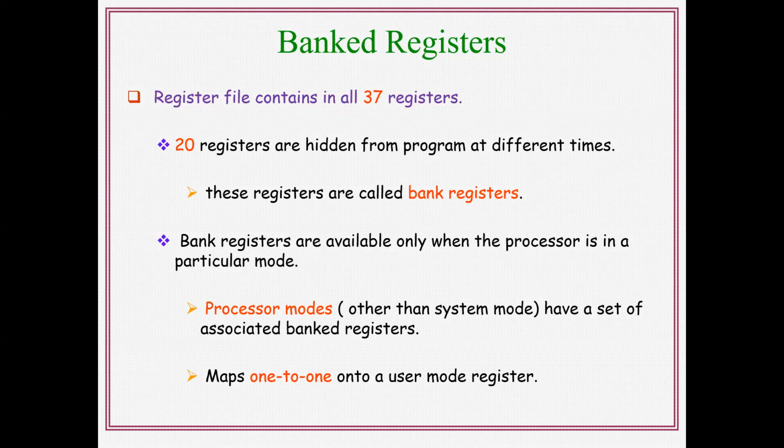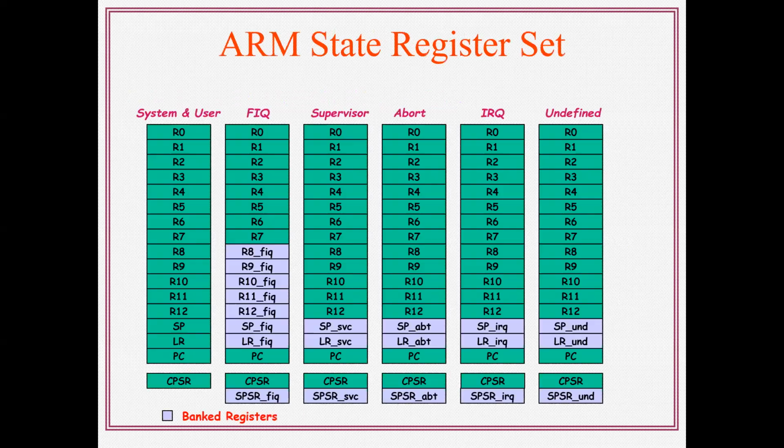Banked registers are available only when the processor is in a particular mode. Processor modes other than system mode have a set of associated banked registers, and the mapping is a one-to-one map. So these 20 registers are called banked registers or hidden registers.